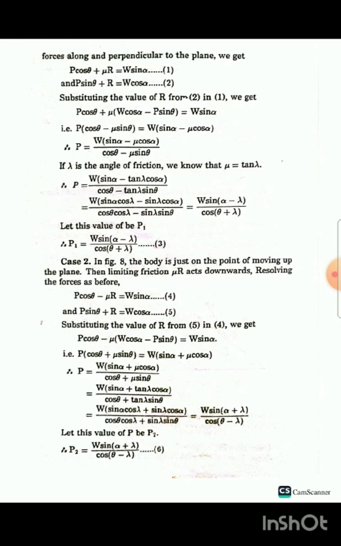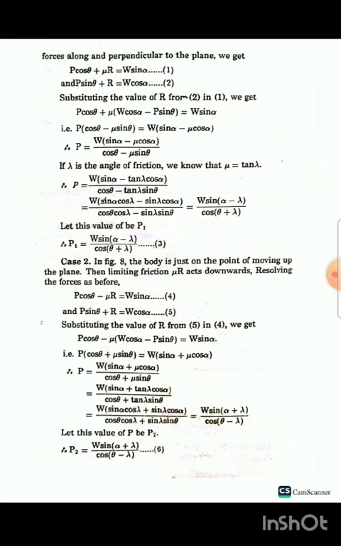Now we take W as common, so we get W of sin alpha minus mu cos alpha. The equation becomes P of cos theta minus mu sin theta equal to W of sin alpha minus mu cos alpha. We want P only, so we take cos theta minus mu sin theta to the right side. So P is equal to W of sin alpha minus mu cos alpha, divided by cos theta minus mu sin theta.